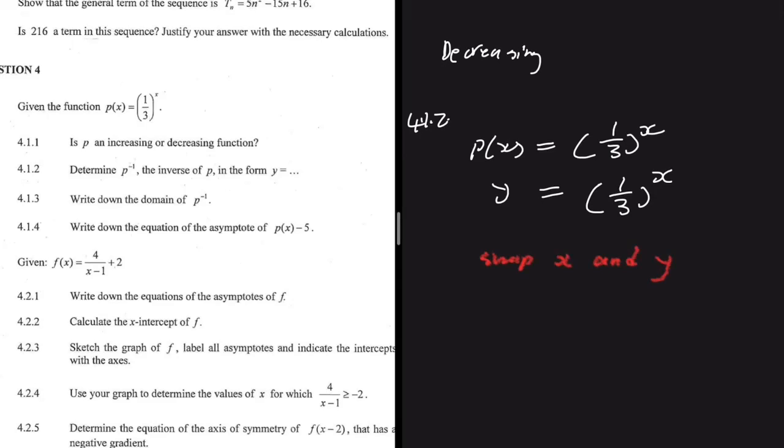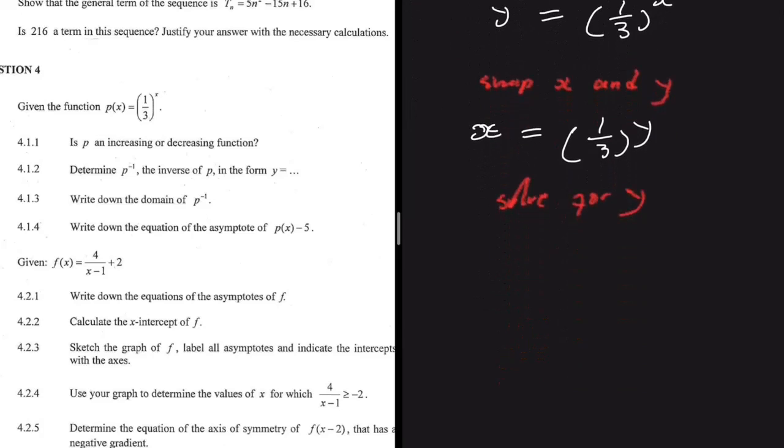So we're going to have x in place of y, and in place of x, we now put y. And from there on, all you need to do is solve for y. As soon as you solve for y, you're going to have the function you're looking for. So how are we going to do that?